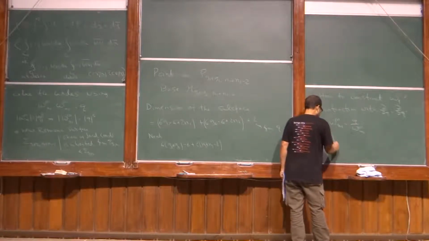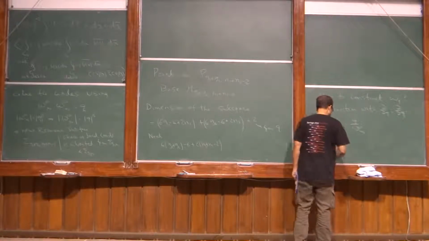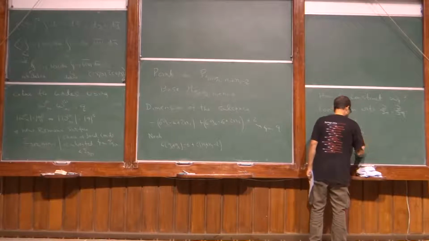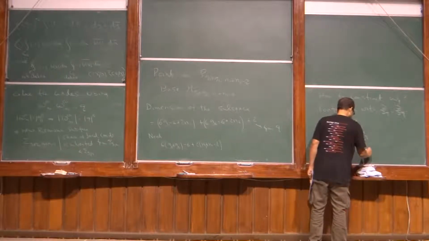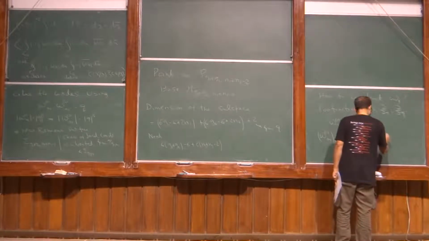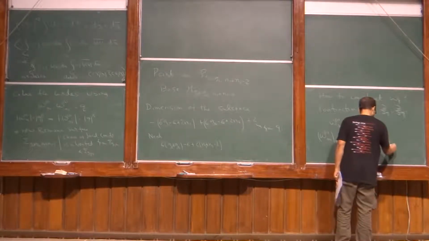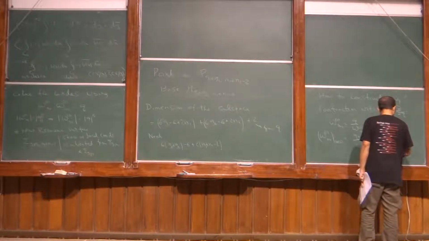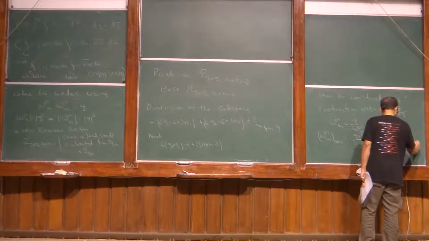When you vary q, the new w1 is given by (q+δq)/w2, and this I can write as w1 old plus δq/q times w1.